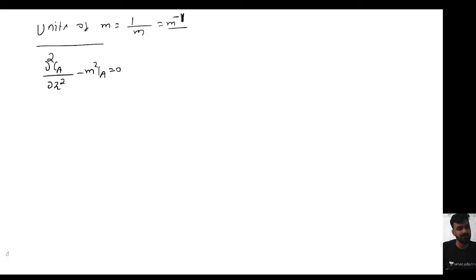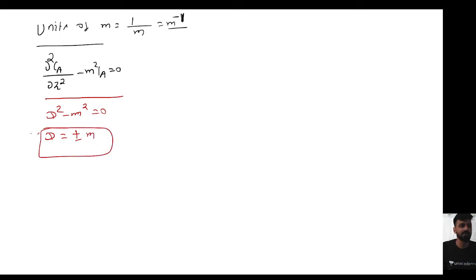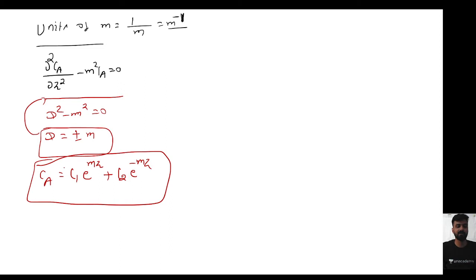So you have to solve this differential equation. It's simple. D² minus m² equals 0, so D is equal to plus minus m. We substitute: C_A is equal to C1 e^(mz) plus C2 e^(−mz). It will be in exponential form.